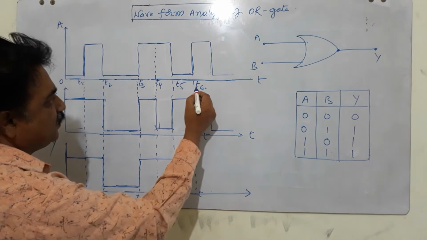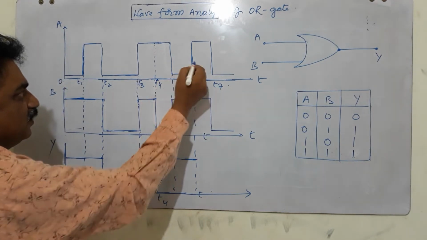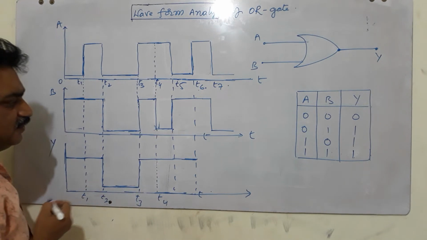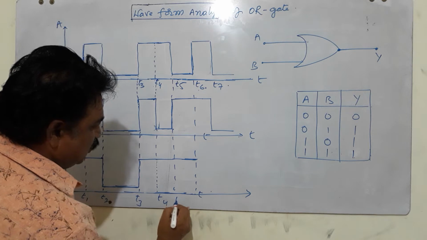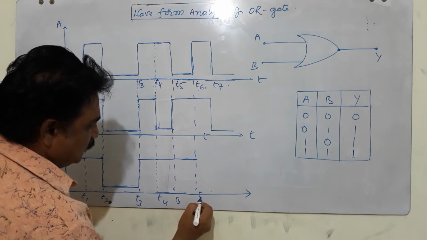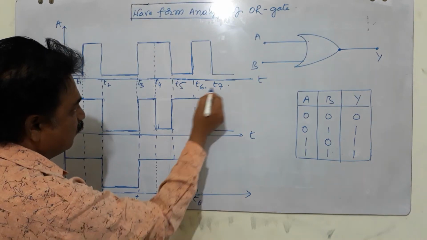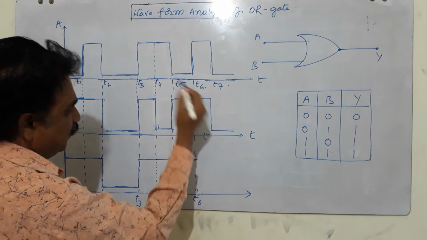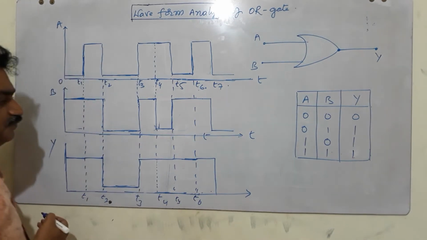From T6 to T7, if you observe, A is high and B is also high. If both are high, then the output is high.